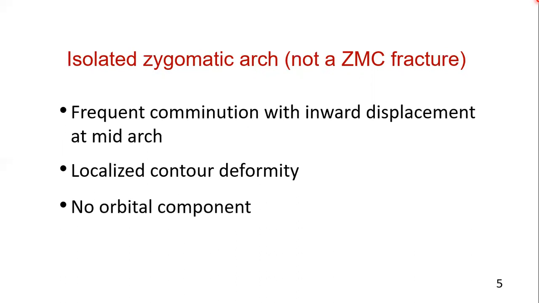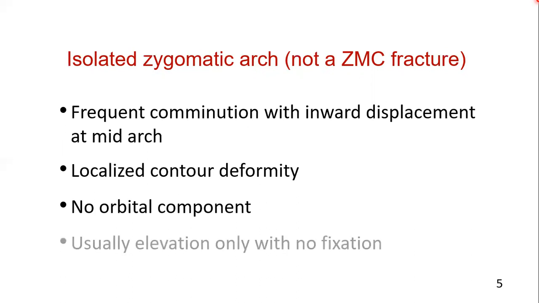The important thing about the isolated zygomatic arch fracture is that no orbital component is involved. Usually no fixation of the zygomatic arch is required with plating, and only simple elevation will lead to a treatment.